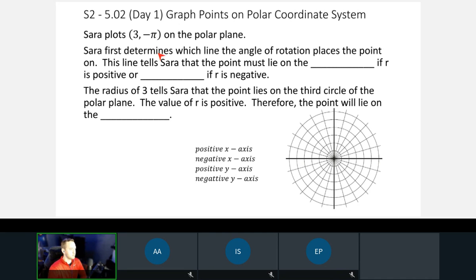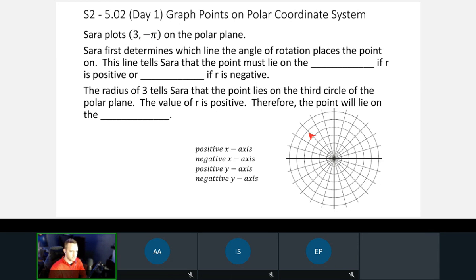Because it's pi, it doesn't matter which direction we rotate. We end up at 180 degrees, pi radians. But this value could be pi over 6, so it could be negative pi over 6 or positive pi over 6, and you'll have to make sure you rotate the correct direction.